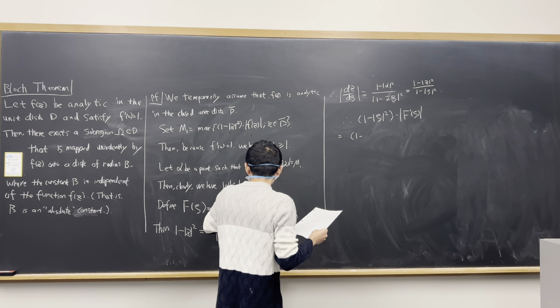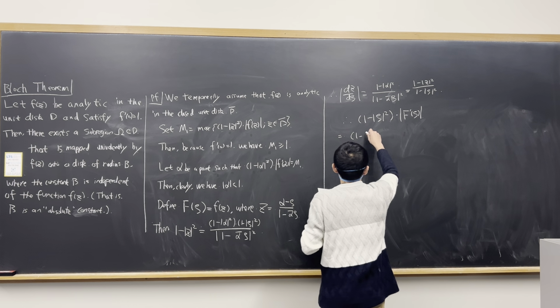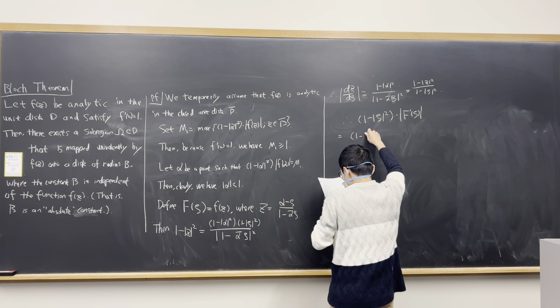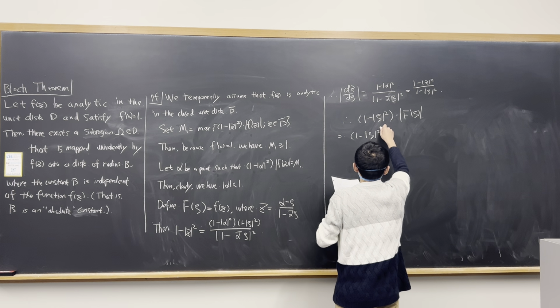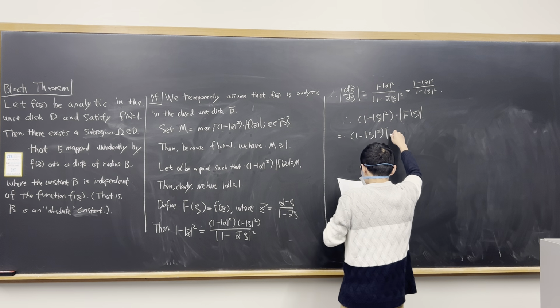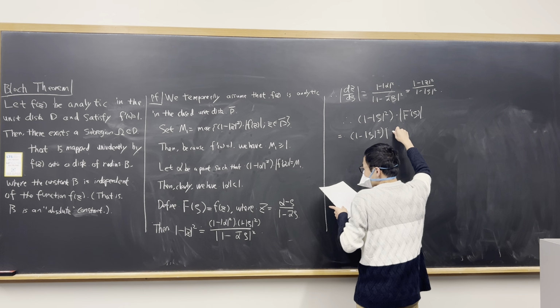So basically you are using the chain rule, and this is equal to, let's say, 1 minus modulus of zeta squared over the modulus of, yeah, I'm skipping one step.